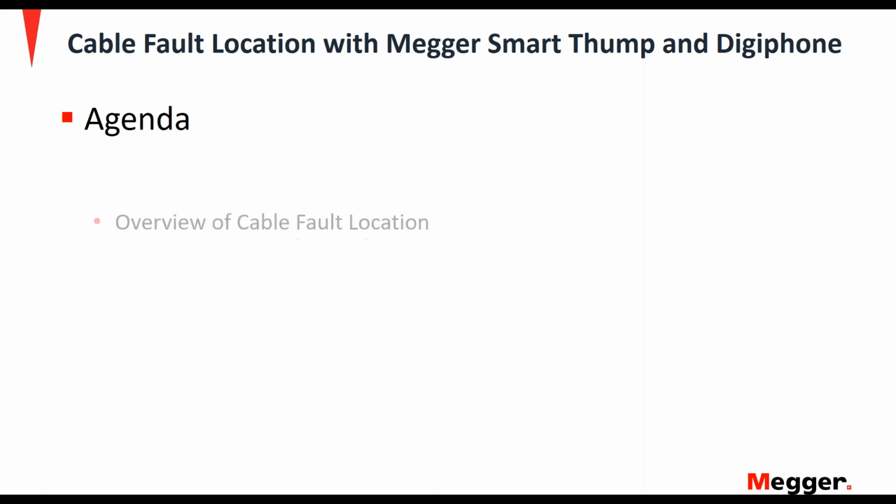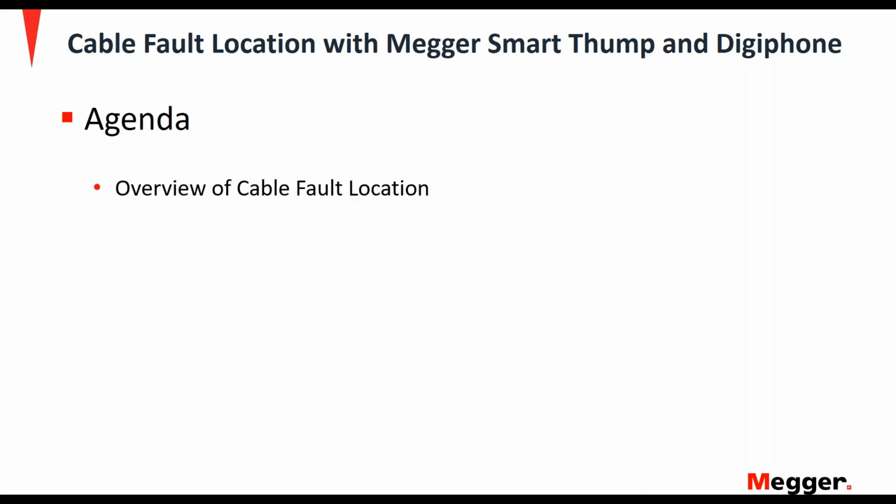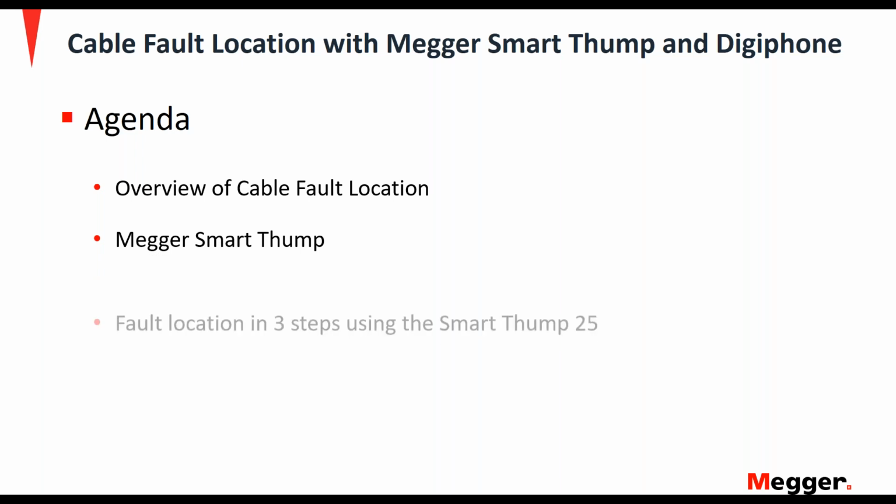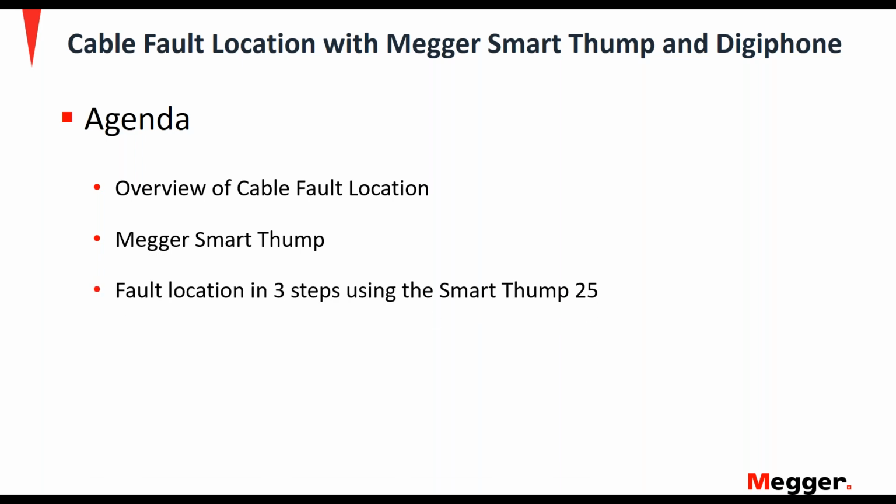Today, the webinar will cover these topics. We'll start with a basic overview of cable fault location. We'll talk a little bit about the Megger Smart Thump. Then we'll move into fault location in 3 easy steps using the Megger Thump 25. We'll talk about pinpointing difficult faults with the Digiphone.